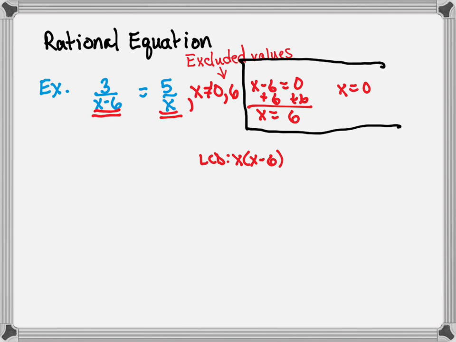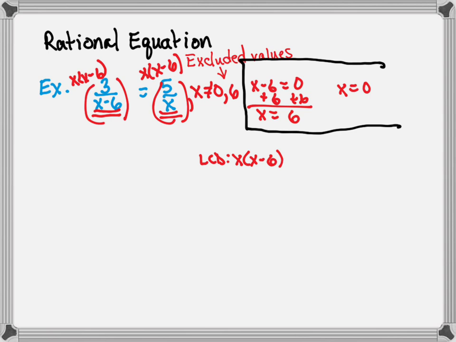Now, to get rid of the fractions, what I'm going to do is multiply every term by the LCD. I'm going to multiply every term on the left side by the LCD, every term on the right side by the LCD. If I had more than one term on one of the sides, I would multiply each individual term by the LCD.